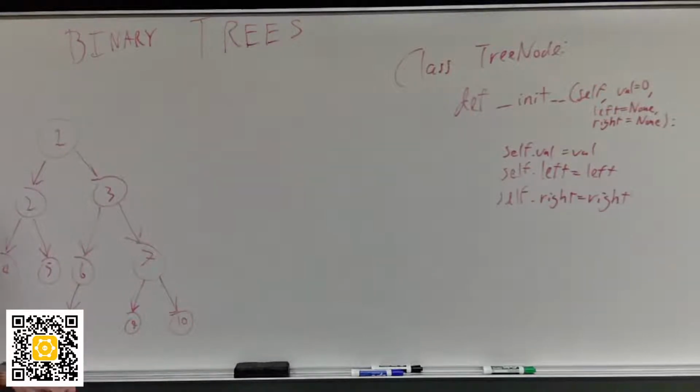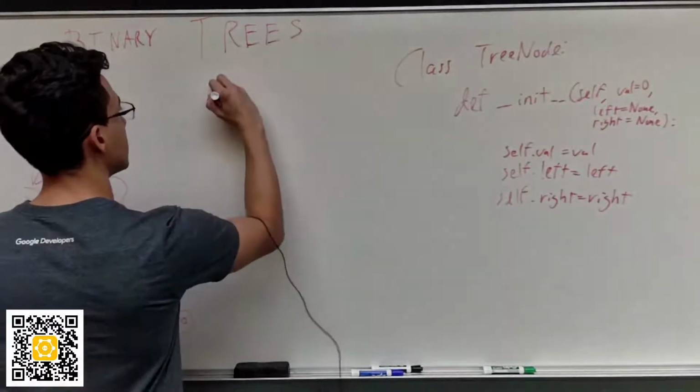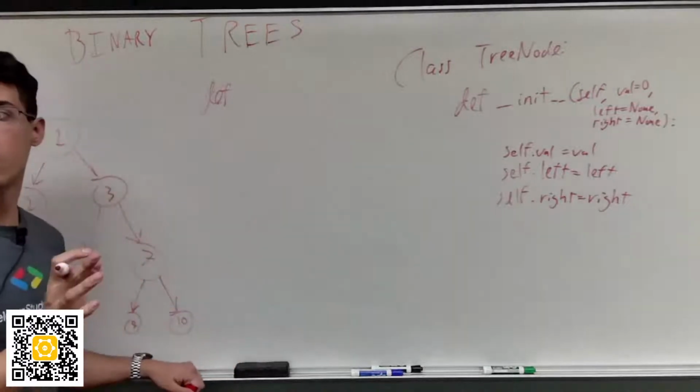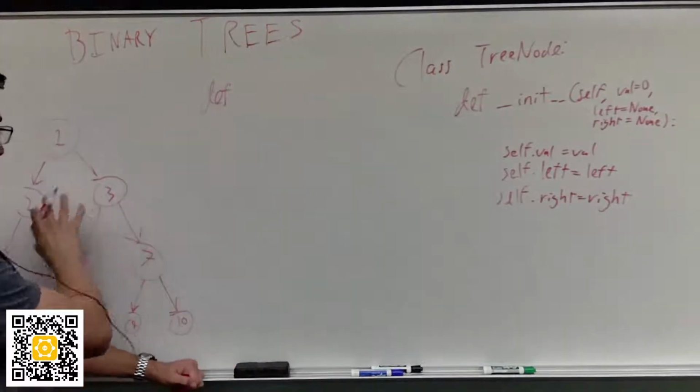So we talked about recursion last time, right? Recursion basically means that the function is calling itself to achieve something. So there's 3 different types of ordering to go through a tree.